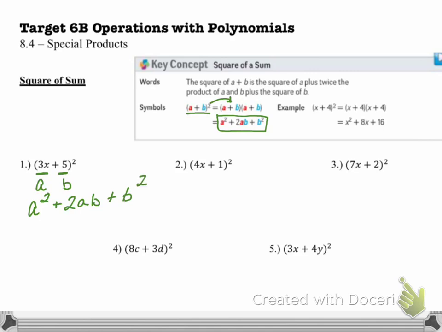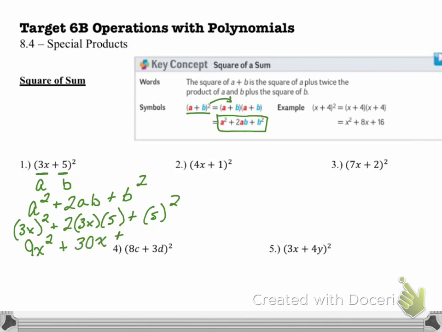I'll substitute using parentheses, so 3x squared, plus 2 times the a value and our b value, plus b squared. It's really that simple, and then from here we just simplify. 3x squared is 9x squared, plus 2 times 3x is 6x times 5 is 30, and then 5 squared is 25.